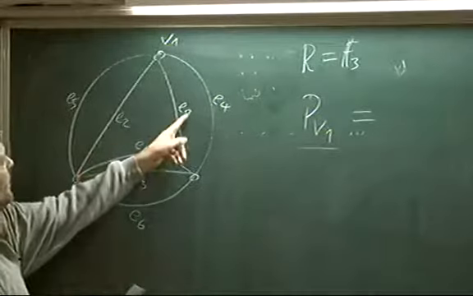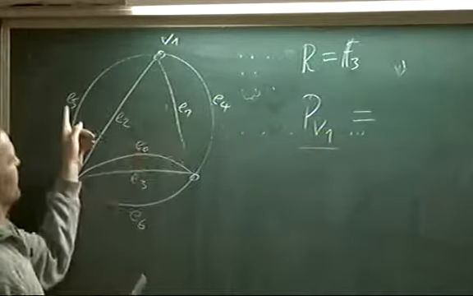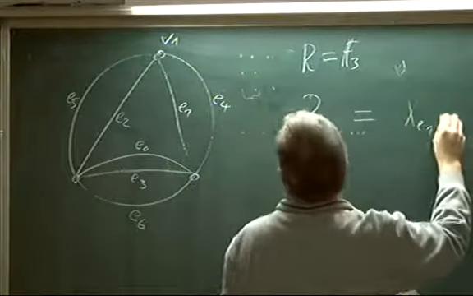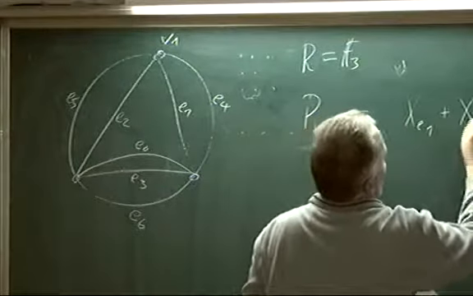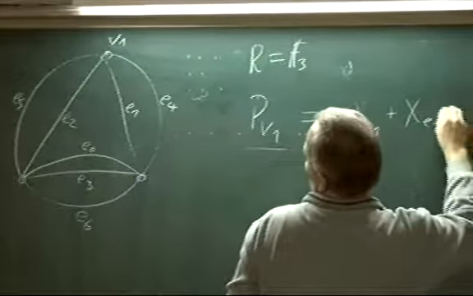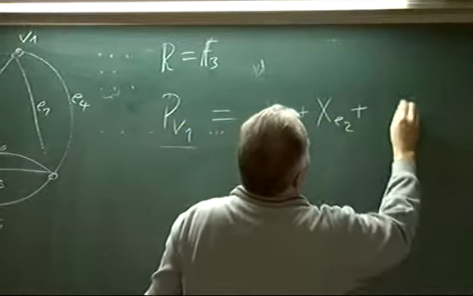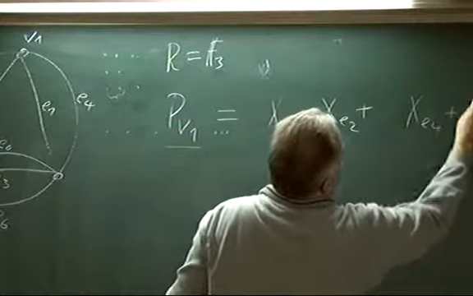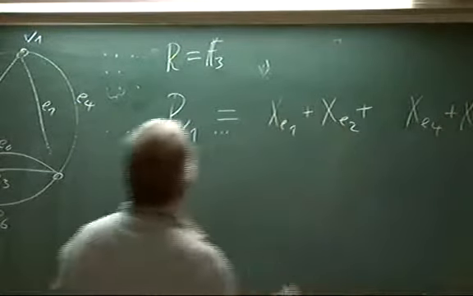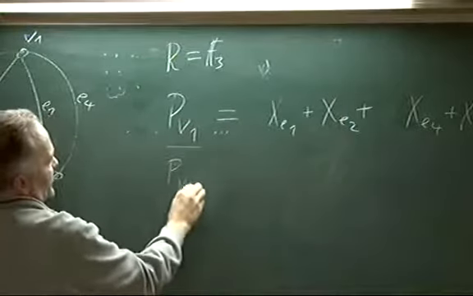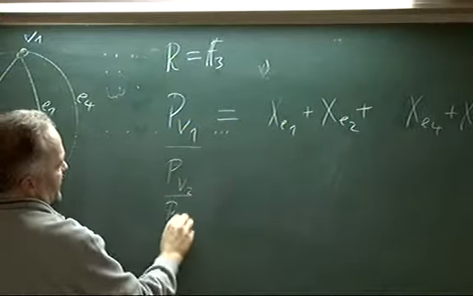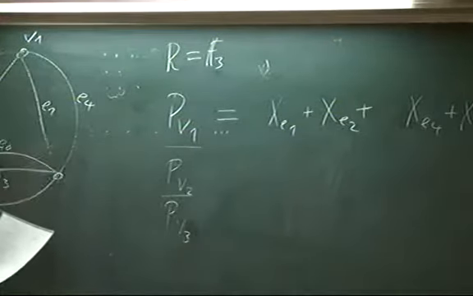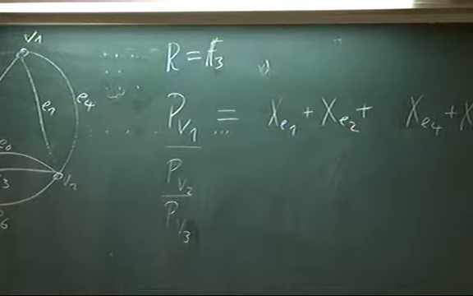So here we have E1, E2, E4, and E5. So it's x_E1 plus x_E2 plus x_E4 plus x_E5. And then we can do the same with a vertex V2 and so on. And here we only have 3. Okay. So let's say that's V2 and V3.